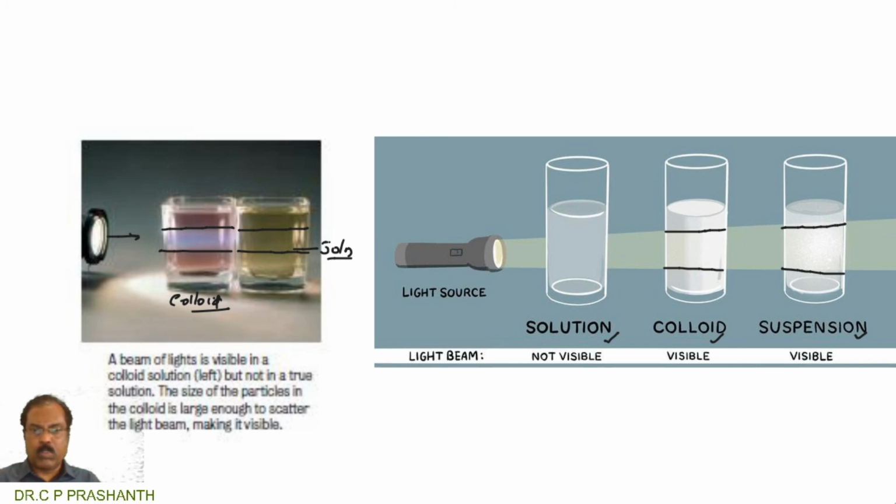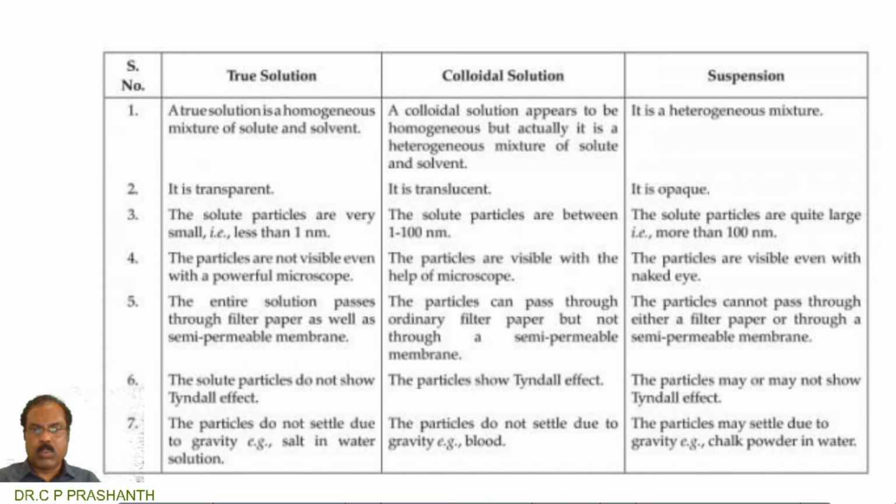So let us summarize all the differences in properties. True solution, it is homogeneous, and the two components are called solute and solvent. Colloidal solution, it appears to be homogeneous, but it is heterogeneous.